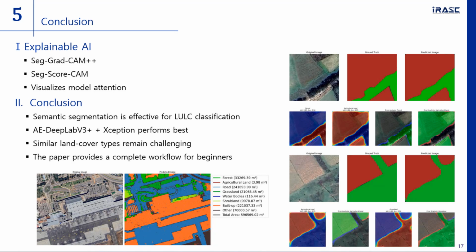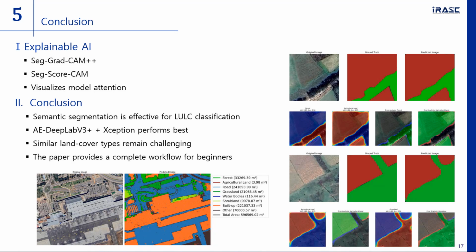To conclude, this paper demonstrates that deep learning-based semantic segmentation is effective for land use and land cover classification. Among the tested models, AE DeepLab v3+ with Xception achieves the best performance, with an overall accuracy of about 92% and a Dice score around 91% to 92%.